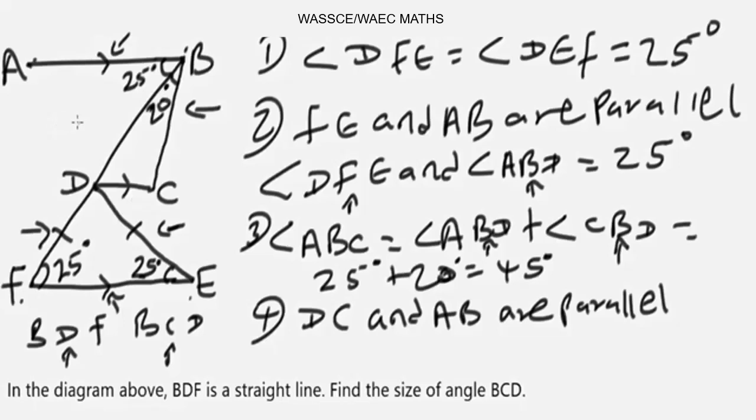Since they are parallel, if you observe again, you will notice that angle BCD and angle ABC are allied angles. So we have here that angle BCD, this is C, and angle ABC are allied angles.